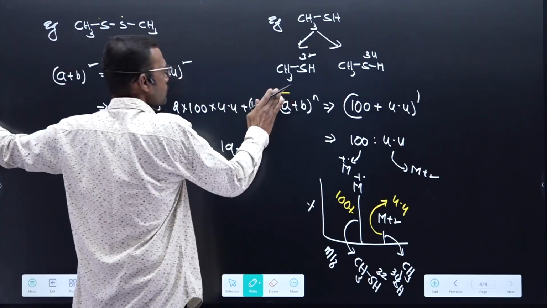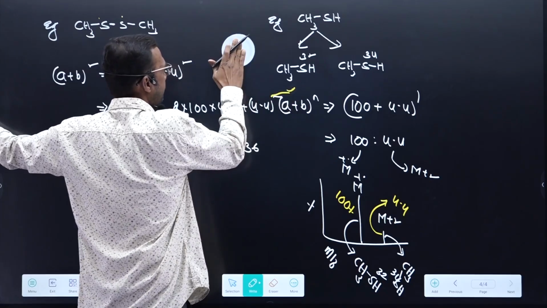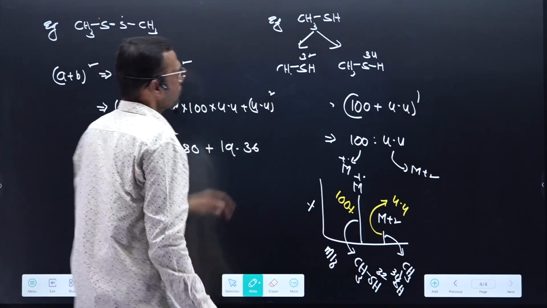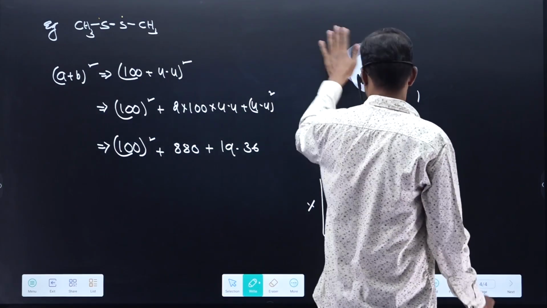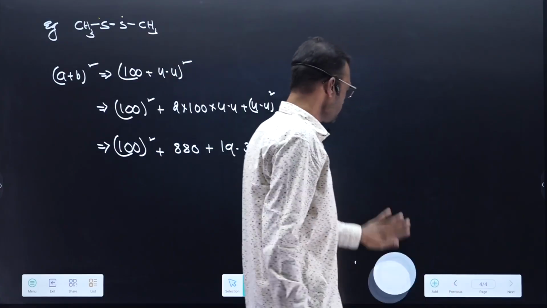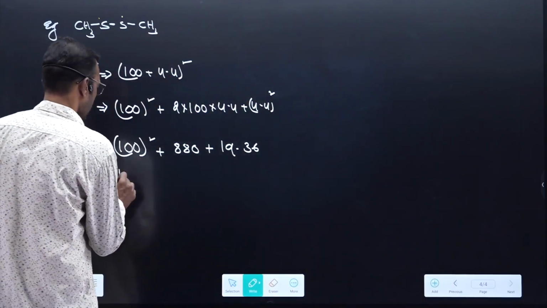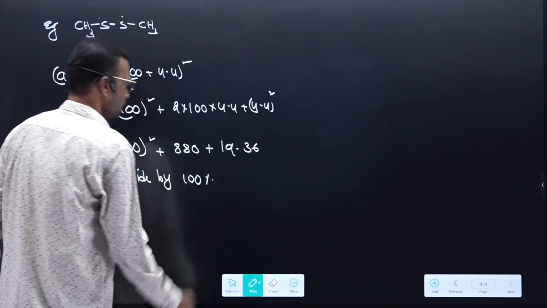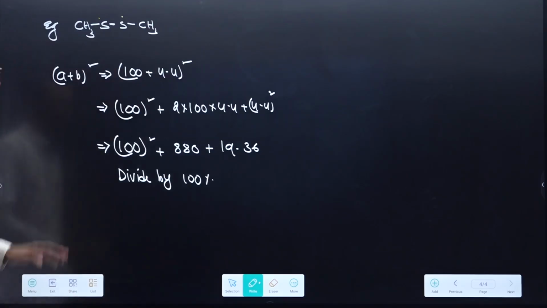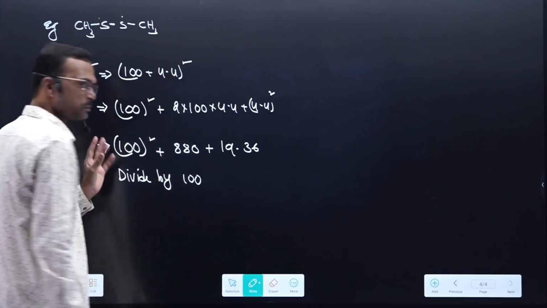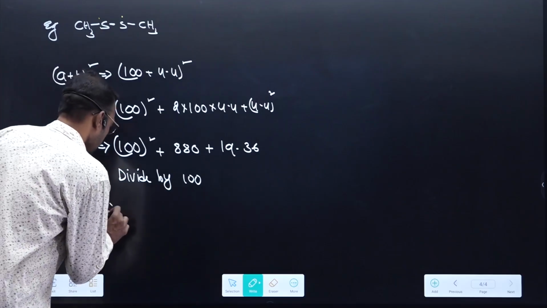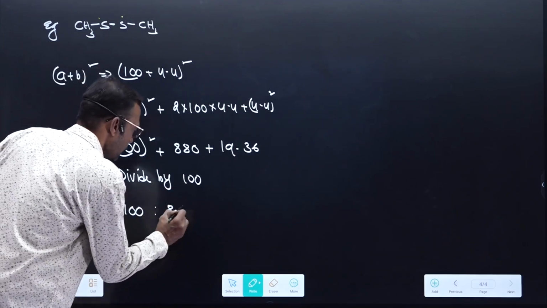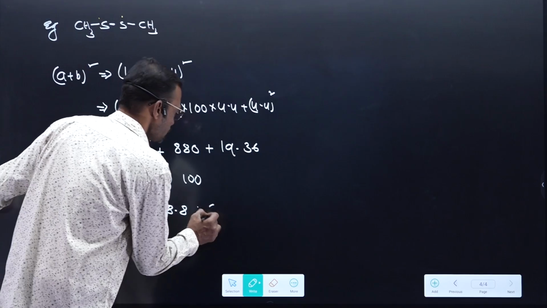So if you want to get the exact intensity of peaks, you just divide by 100 to get the exact percentage. Now at that time you will get 100%, this is 100, 100 is to 8.8, and this is 0.19.